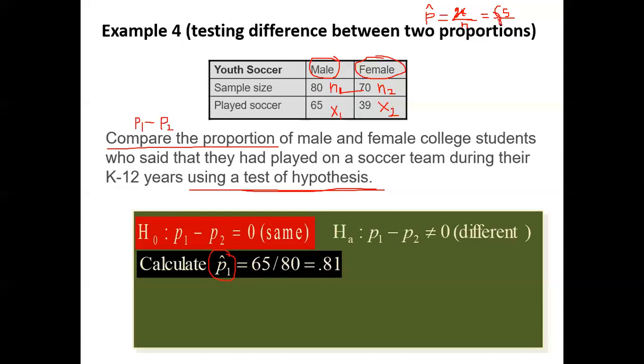So 65 divided by 80, you will get 0.81. And then you also need to find P hat 2, that is P hat for female. P hat 2 is 39 divided by 70, so you will get 0.56.